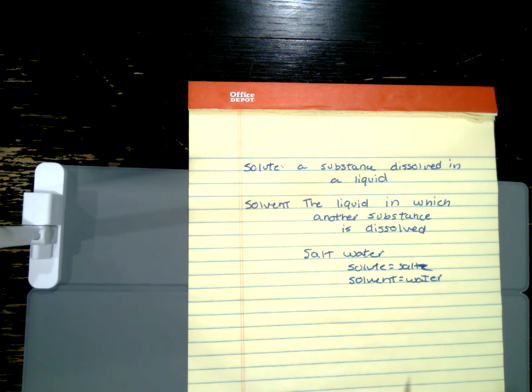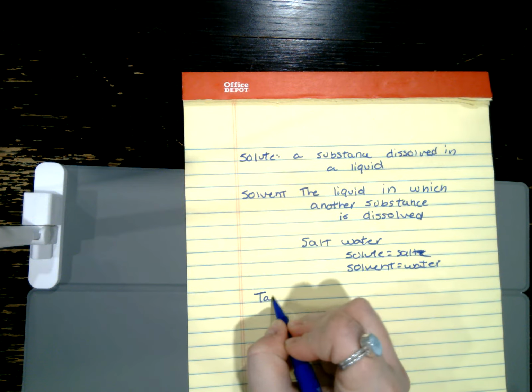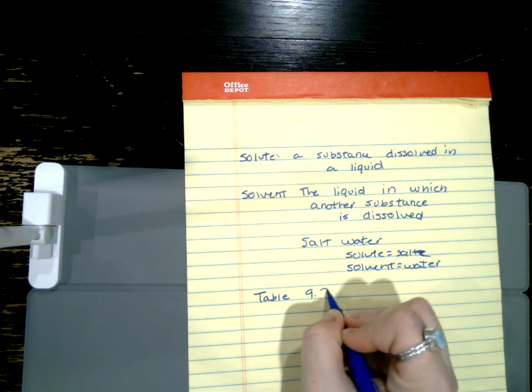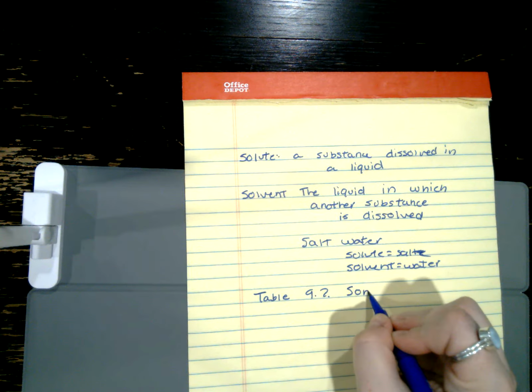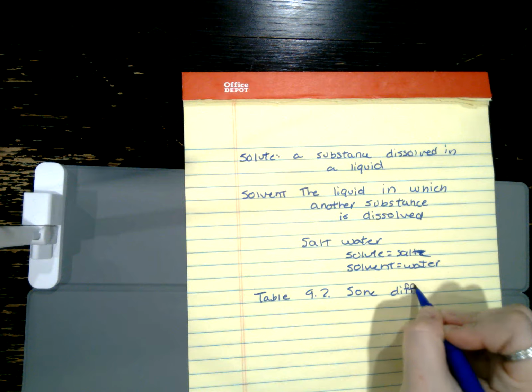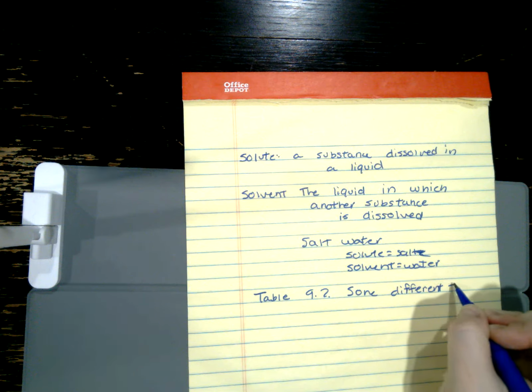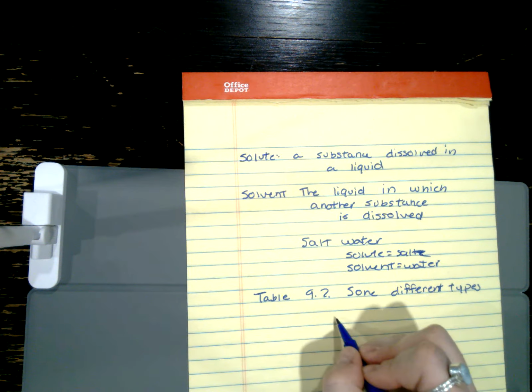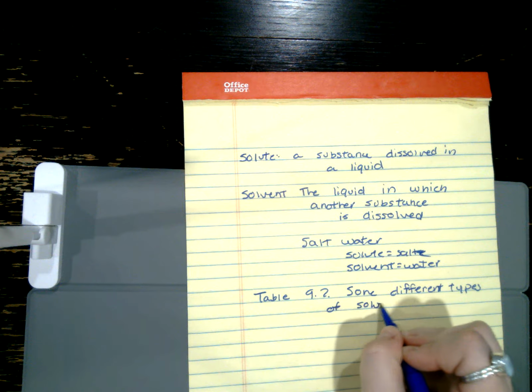You also need to know table 9.2, which is some different types of solutions.